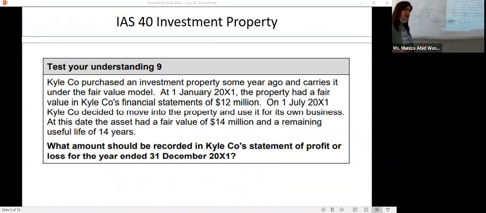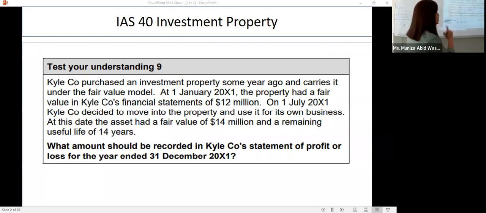Are we going to take this full year depreciation charge? No. When was it shifted? It was shifted on 1st July 2001. So only half year depreciation is going to be taken. At the time of shifting, the revaluation gain on 1st July 2001, which was going to be taken to the statement of profit or loss, is 2 million.